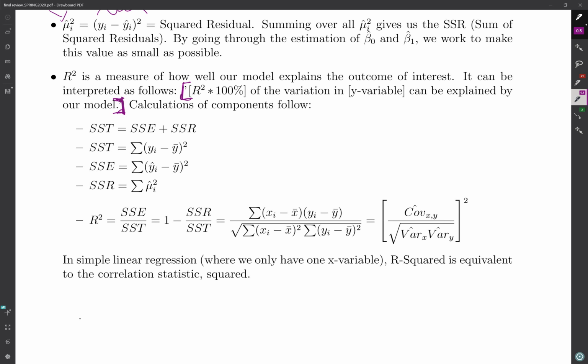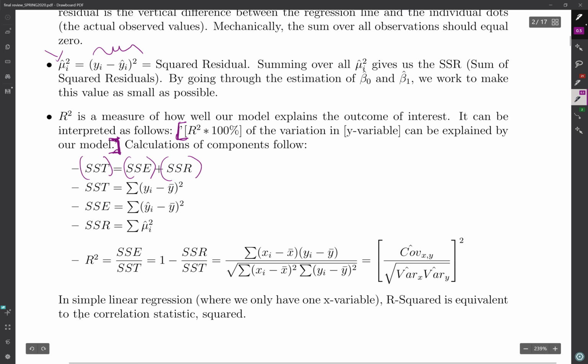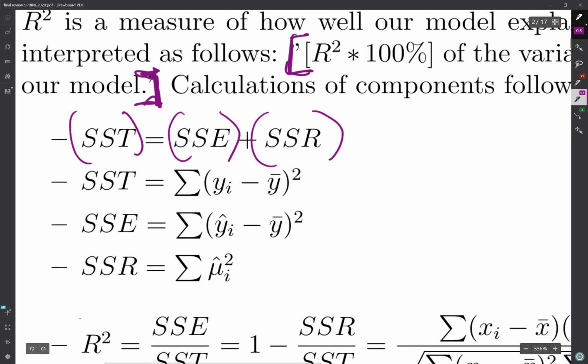To do that, we're going to need to break up some components of the calculation. We've got these squares: the total sum of squares, the explained sum of squares, and the sum of squared residuals, which is this. Let's break them up a little bit. We already looked at that one; it's just the sum of the squared residuals.